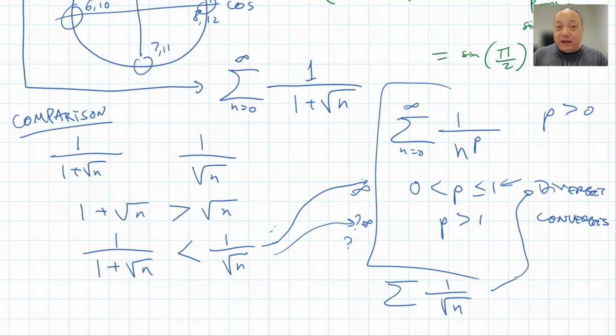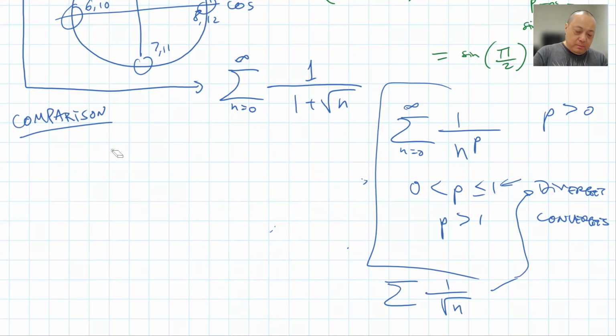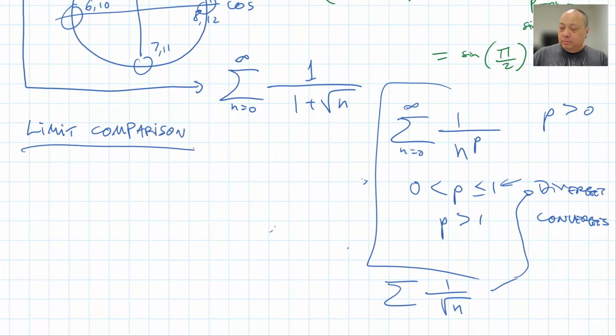Then the next thing I try is a limit comparison test. The limit comparison test says divide the terms of the two series and take the limit of that. If that limit arrives at a finite number, then the two series converge or diverge together.